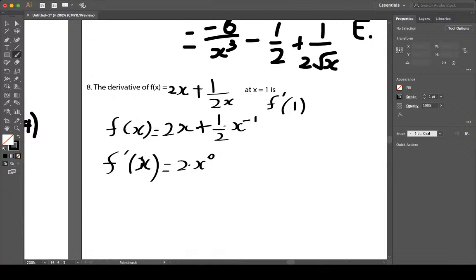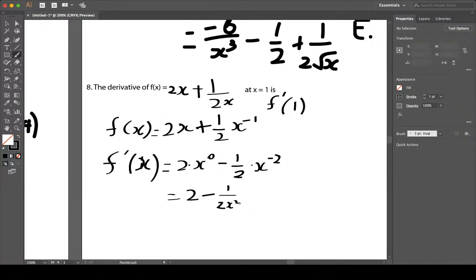Half times negative 1, that's negative half, multiplied by x to the power of minus 1 minus 1, which is negative 2. So this is what we get: 2 minus half x squared.